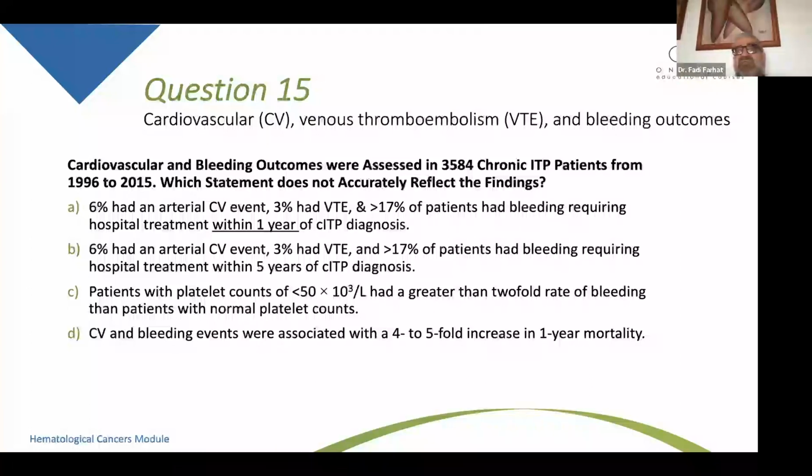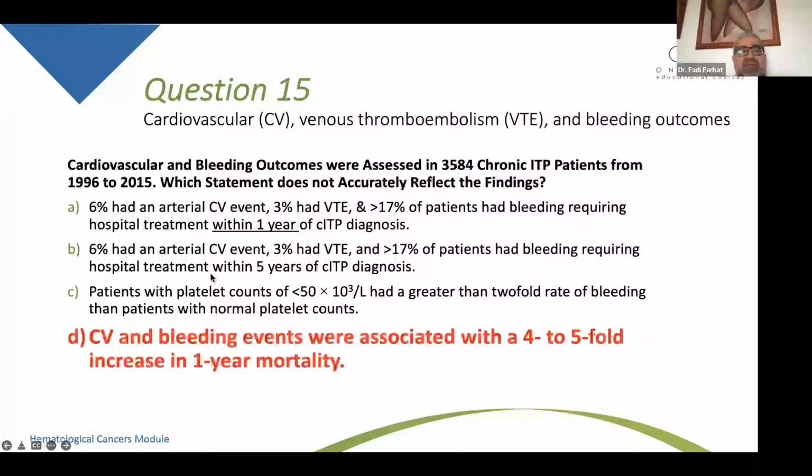It's a tricky question. I cannot answer it personally. Okay, neither can you. So indeed, let me check. So this is the answer: cardiovascular and bleeding events were associated with a 4 to 5-fold increase in 1-year mortality.